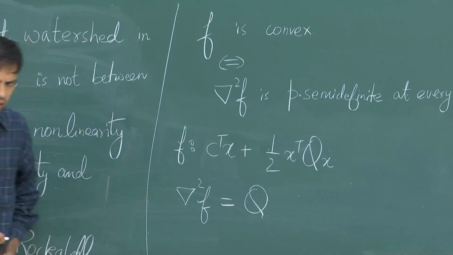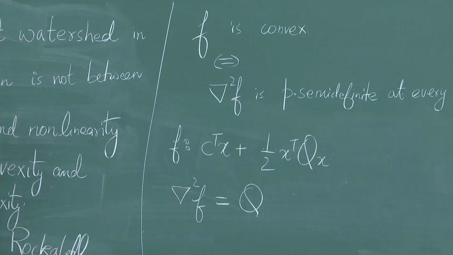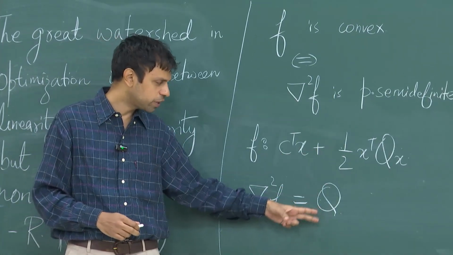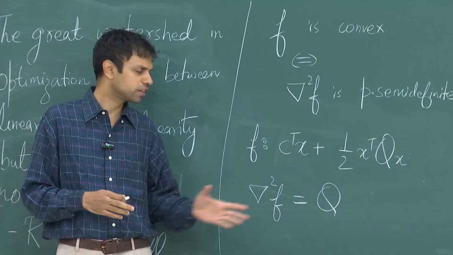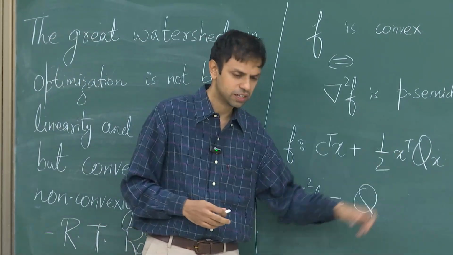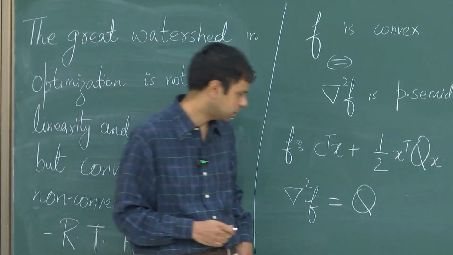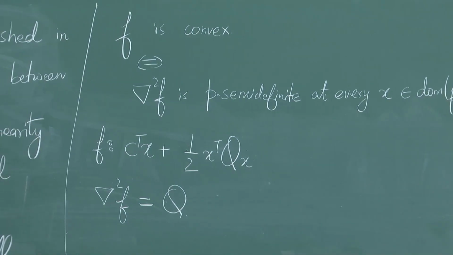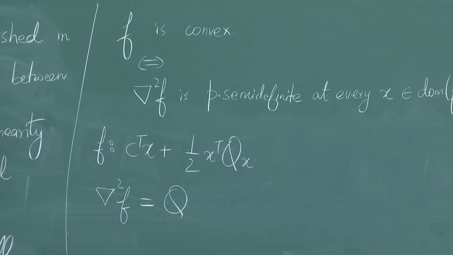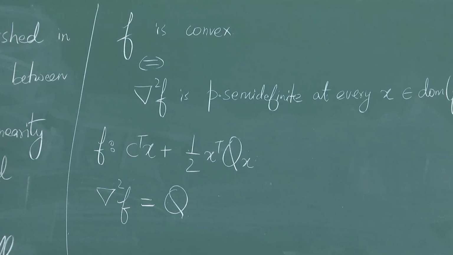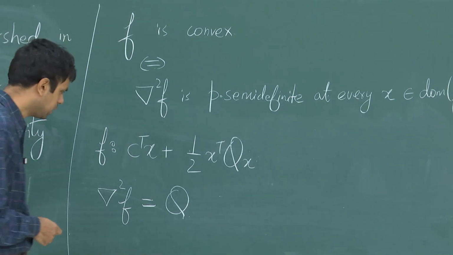So this works very well for quadratic functions. The only thing is that it may not always be a great idea to evaluate eigenvalues of Q when it is very big, when f has too many variables, or Q is dense or very large. But that is still okay compared to the time it may take to solve it to global optimality if Q is not positive semi-definite. So sometimes it is worth investing that much computational effort if it saves your life later on, okay.